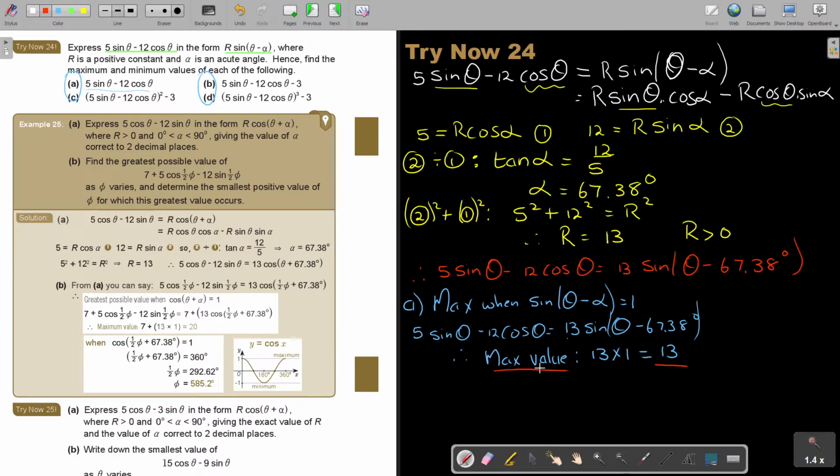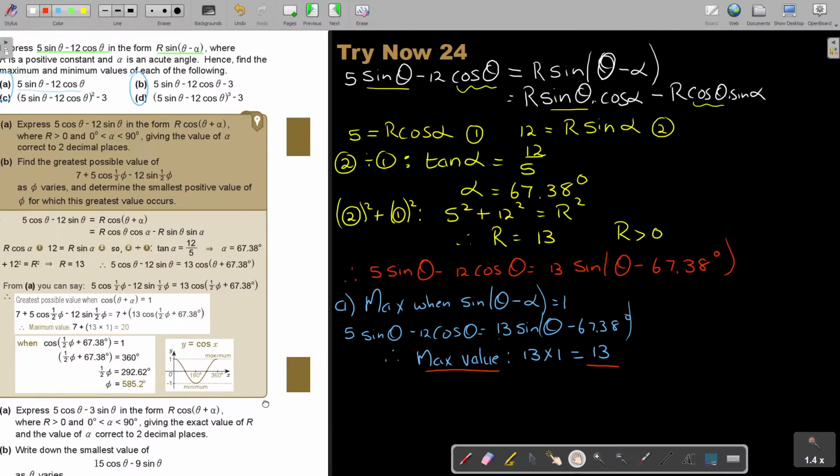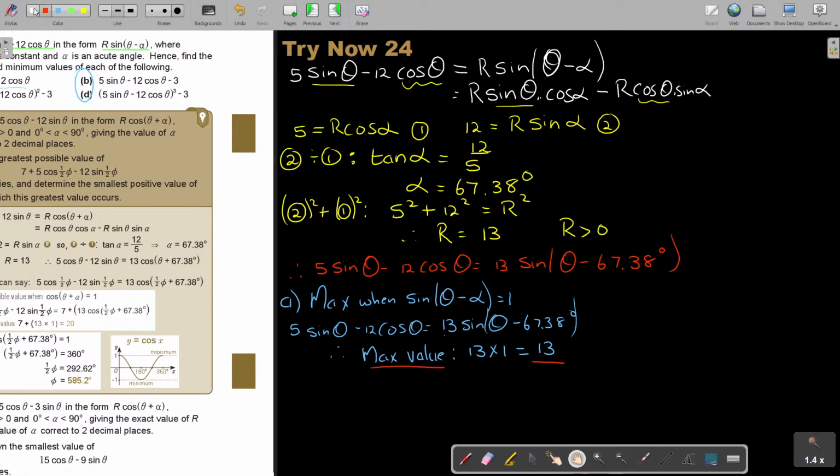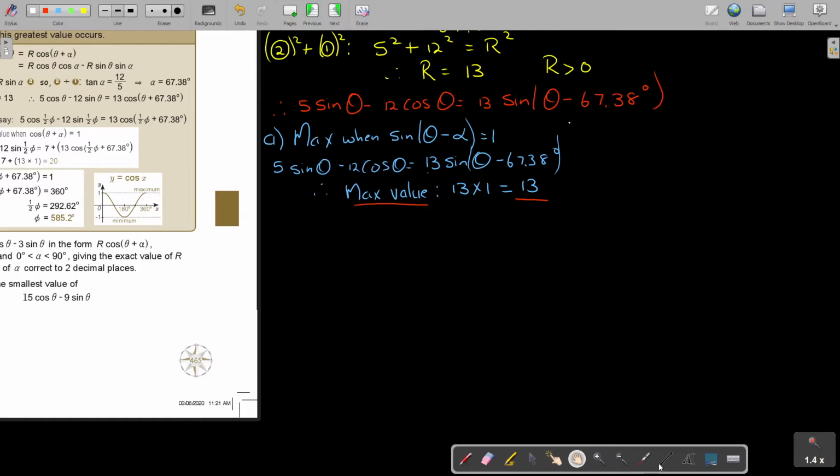Now I'm going to move it a little bit so that we can do the other one on the side. We can see how many we fit in. Then I can continue here, the blue, and I can say a min when sin(theta minus that angle) is now going to be negative 1.